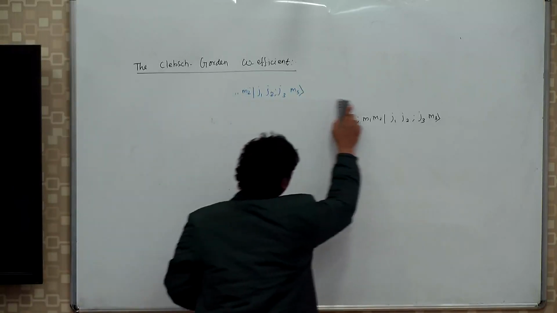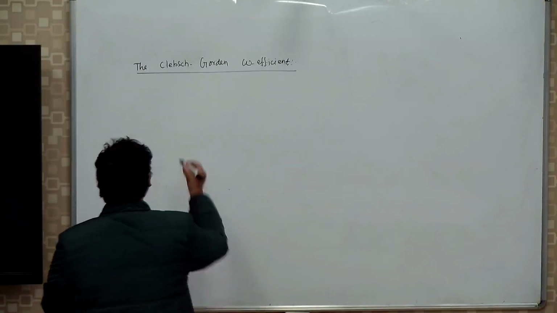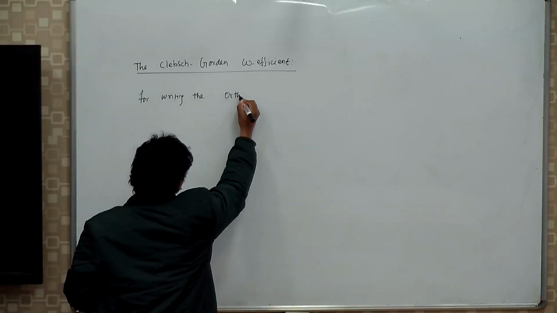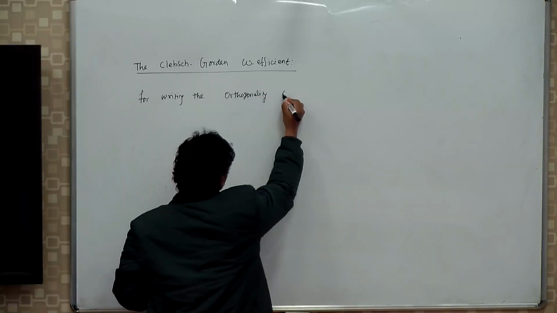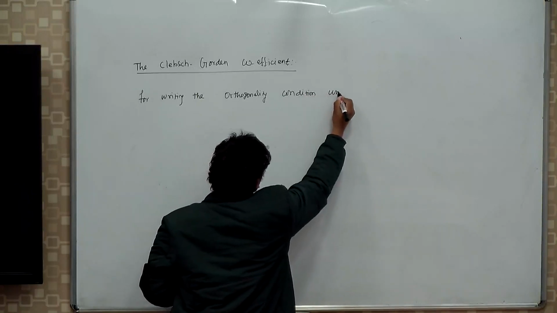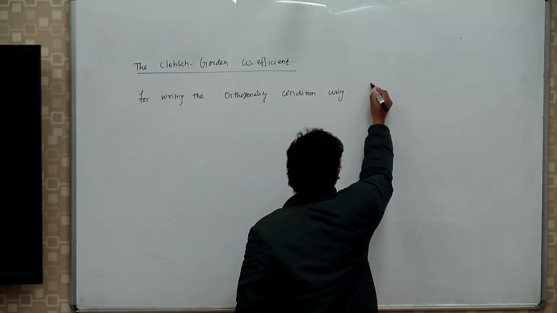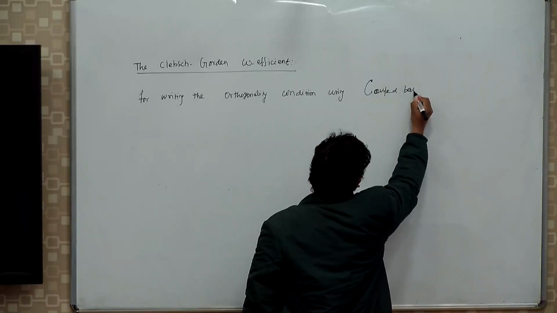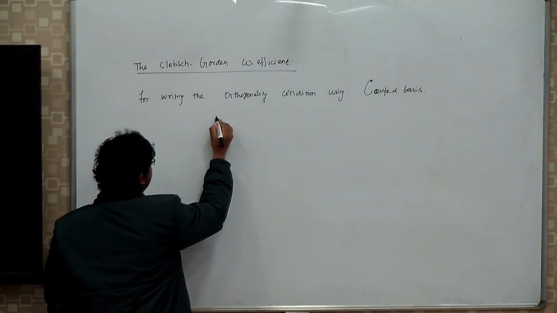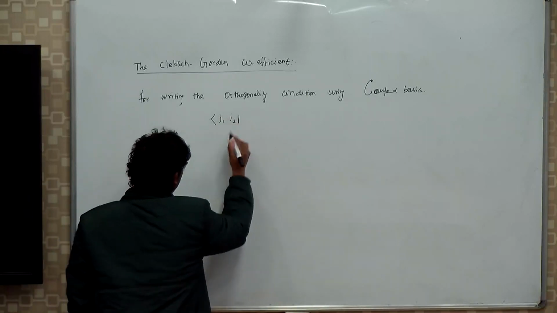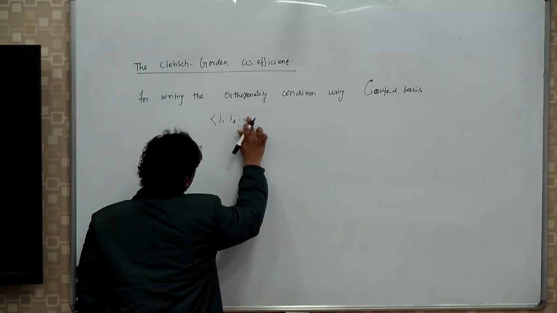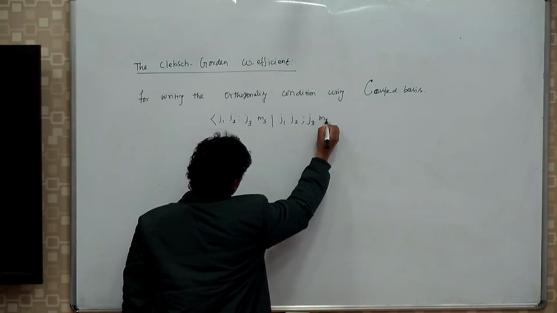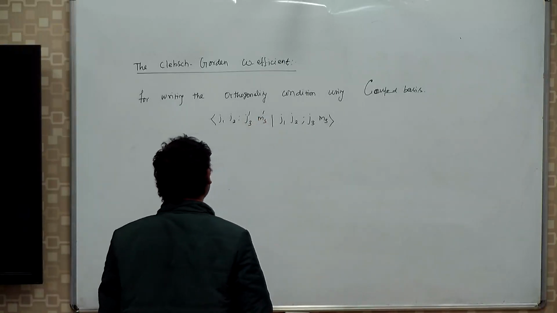So <j1 j2 j3 m3 | j1 j2 j3' m3'> will give you the orthogonality condition.